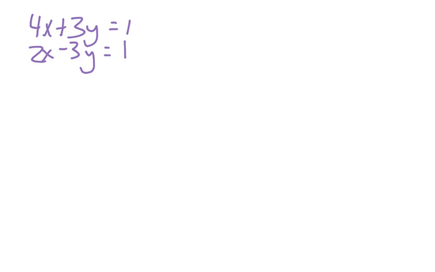Okay, so here's one. We have 4x plus 3y equals 1 and 2x minus 3y equals 1. It was a problem just like this where I discovered Photomath for the first time, because my students were doing this a really weird way.